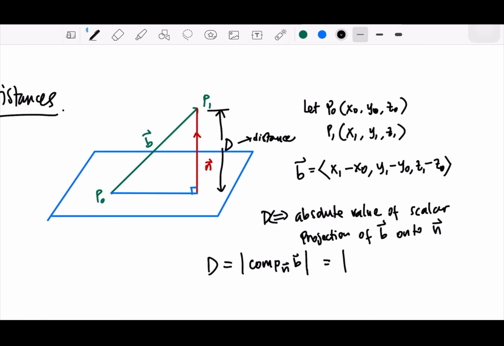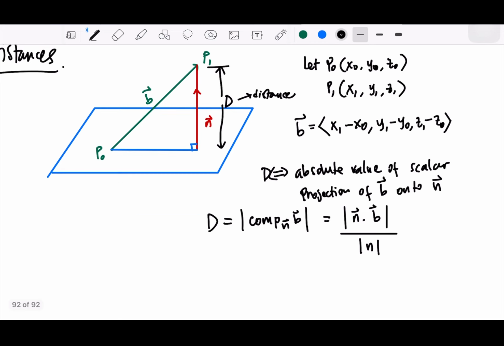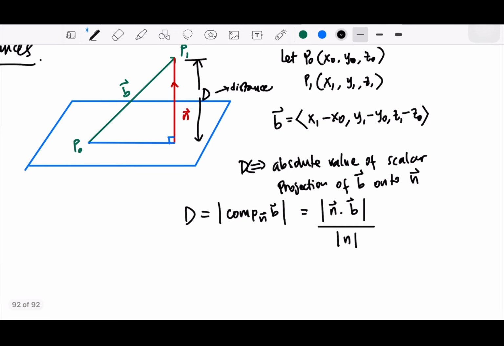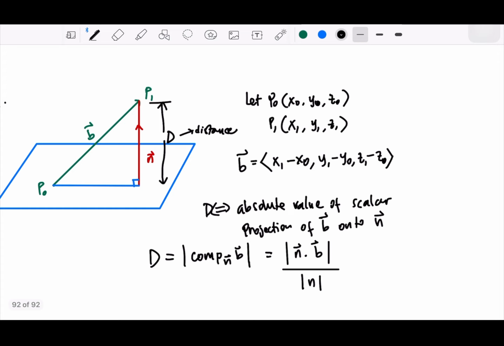Or in this case, this will be N dot B divided by the magnitude of N. We need to take the absolute value because we are dealing with the distance. It should be a positive number, right? And for N, let's say it is ABC.